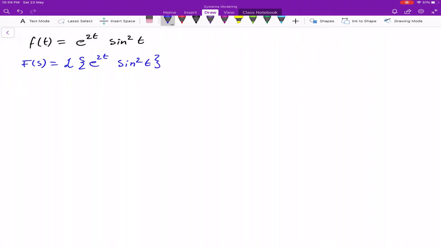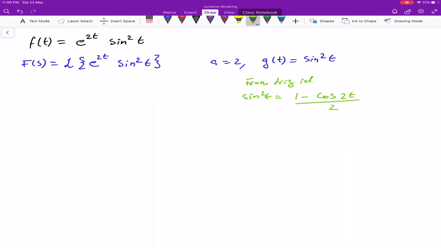And here we know a is equal to 2, and we can pick our g of t is equal to sine squared t. And from the trig identity we know that sine squared t is equal to (1 minus cosine 2t) over 2.